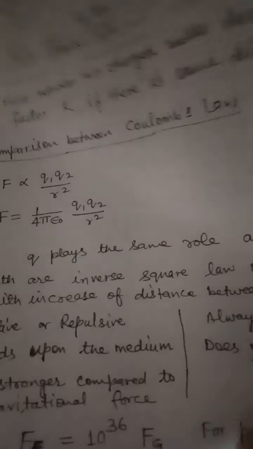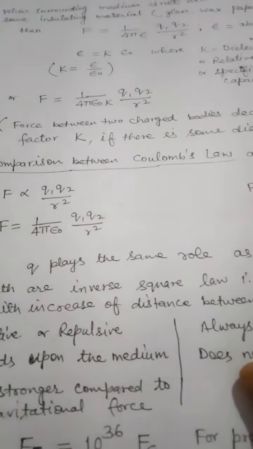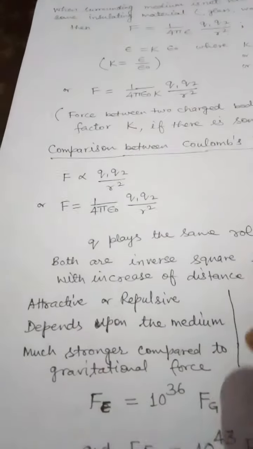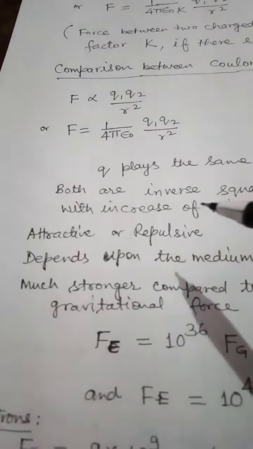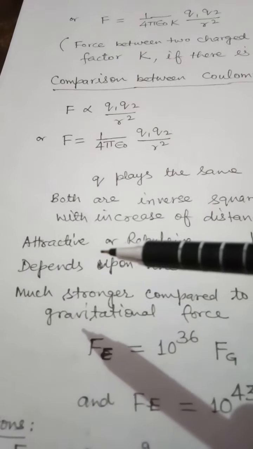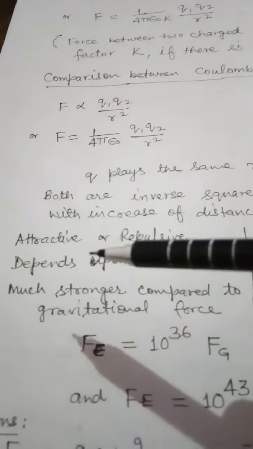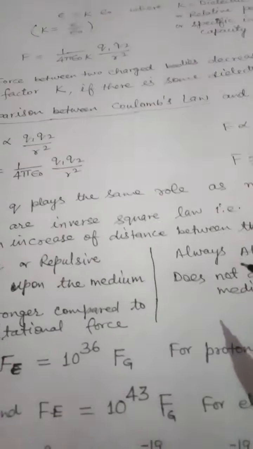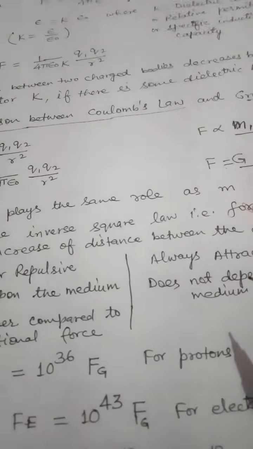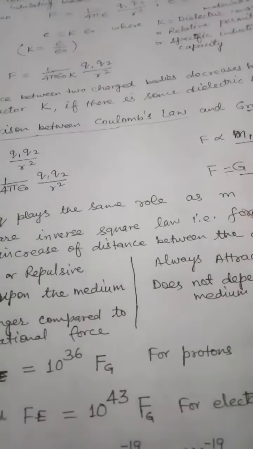So these are similarities between Newton's law of gravitation and Coulomb's law, but there are some differences also. Coulomb's force may be attractive or repulsive, but in Newton's law of gravitation the force is always attractive in nature, because mass is only one type.